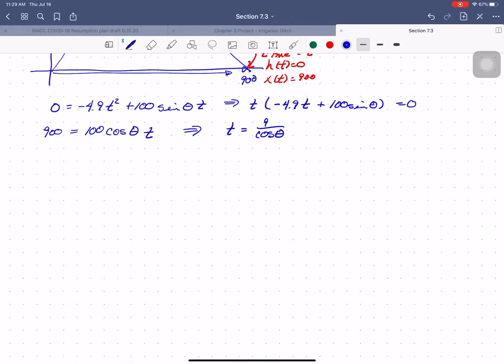So we're going to ignore the t equals 0 part because we start at height of 0, so we don't care. We know that one. But what we want is that this also tells me that time equals 100 sine theta divided by 4.9.